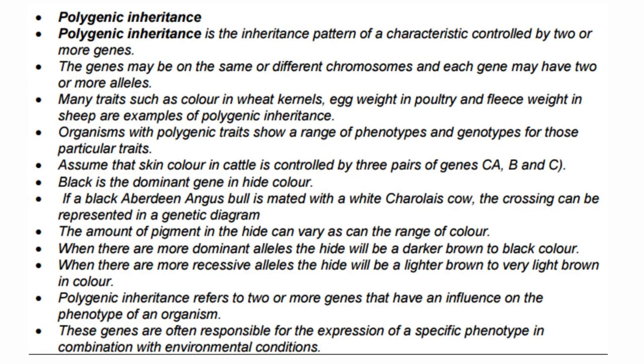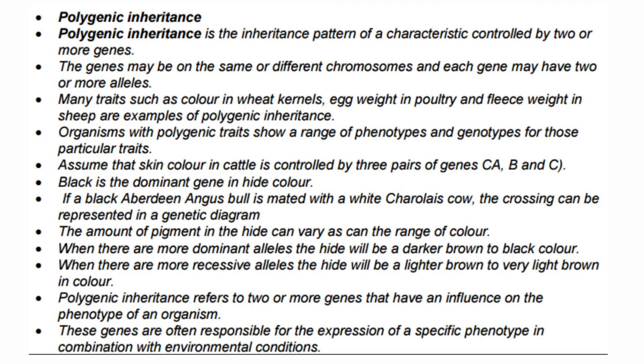Polygenic inheritance. Polygenic inheritance is the inheritance pattern of a characteristic controlled by two or more genes. The genes may be on the same or different chromosomes and each gene may have two or more alleles.